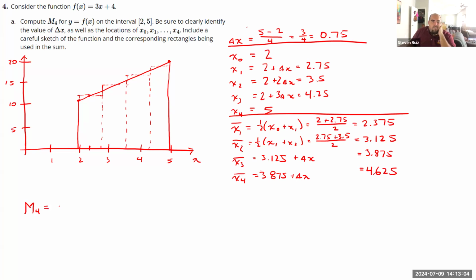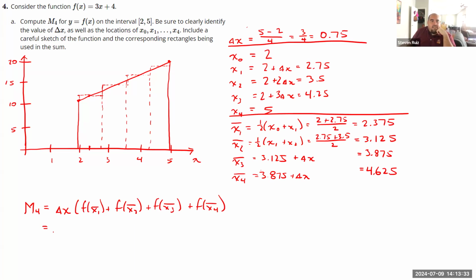How do you find the area of a rectangle? It's the width, which in any case is delta x, times the different heights. So times f of x1 bar plus f of x2 bar plus f of x3 bar plus f of x4 bar.